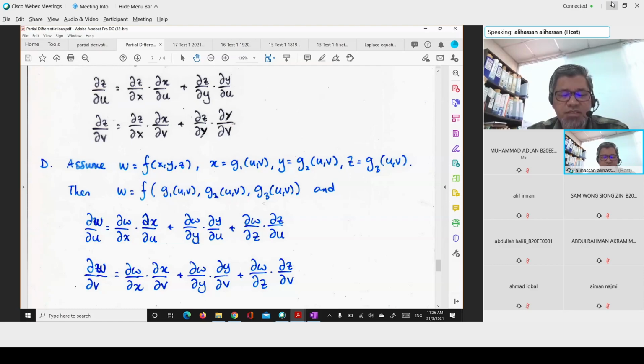So sometimes when we want to express something from Cartesian to polar, from Cartesian partial derivatives to other coordinate systems, the chain rule is useful. Okay, let's see an example for case D.